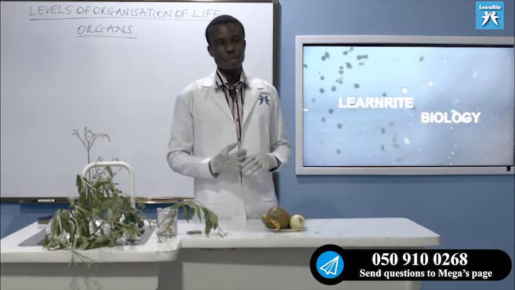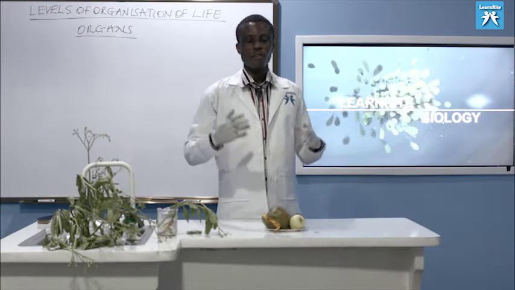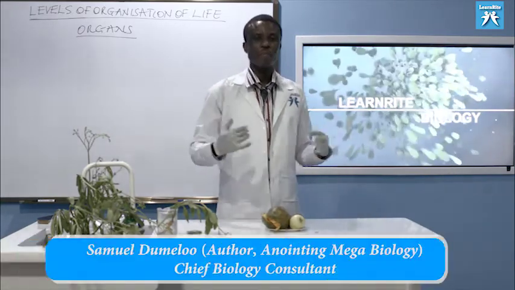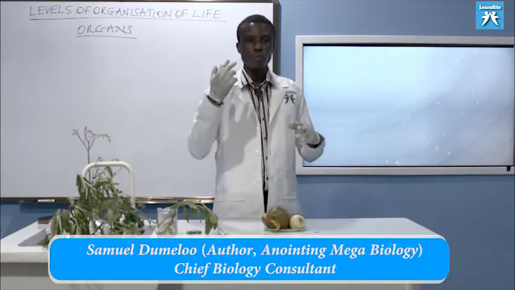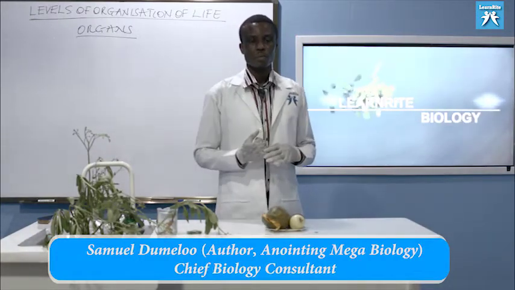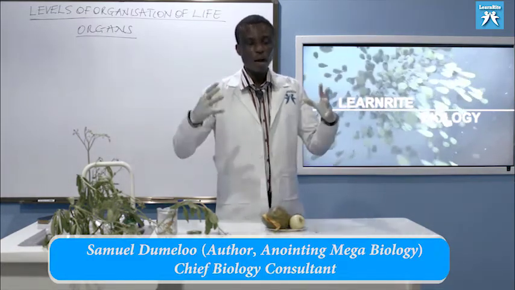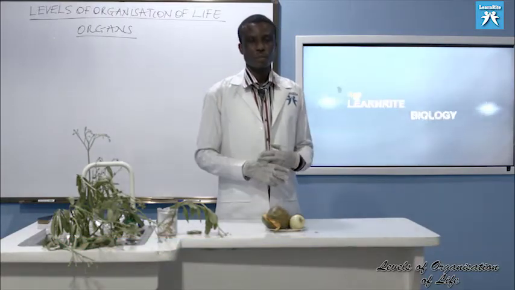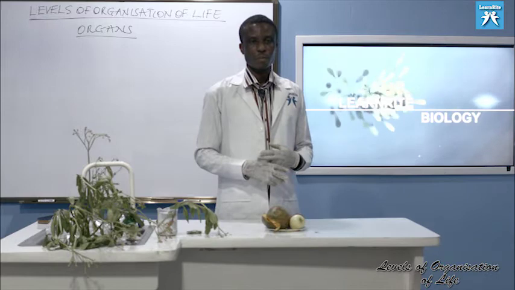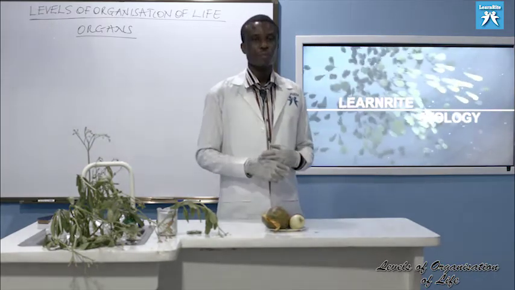The leaf for photosynthesis, mainly. Flower for sexual reproduction. Stem for support and transport of water and mineral salt from the root to the leaves. Roots for anchorage and for absorption. Fruits for dispersal and reproduction.